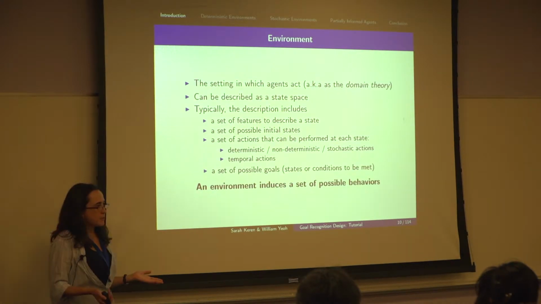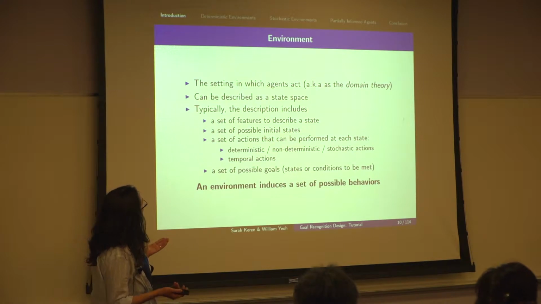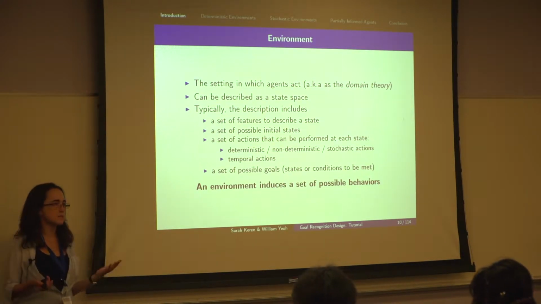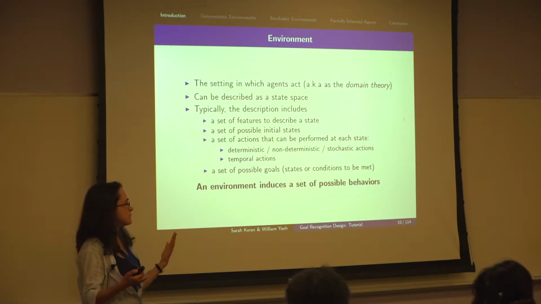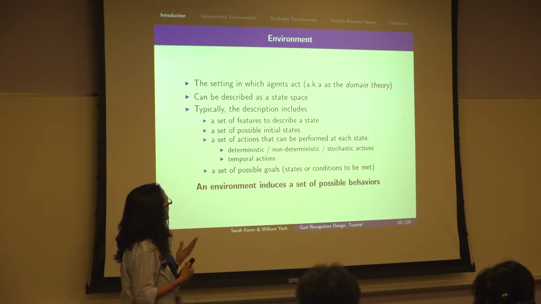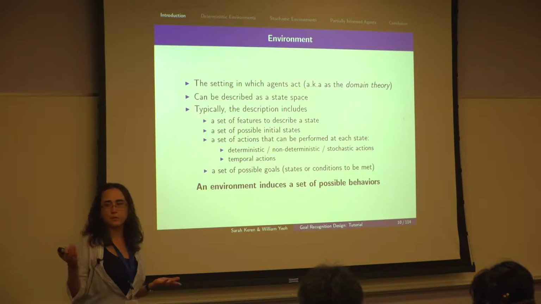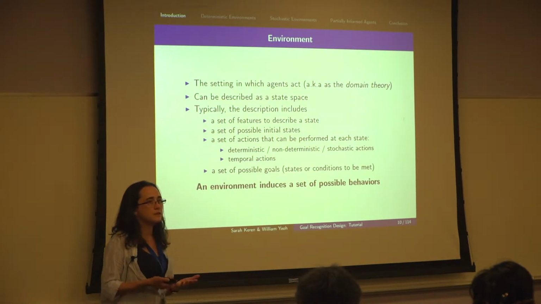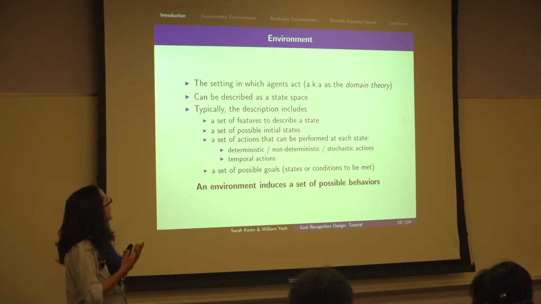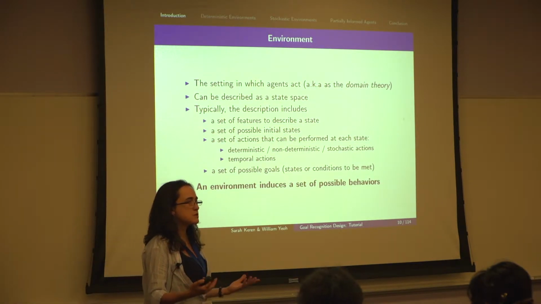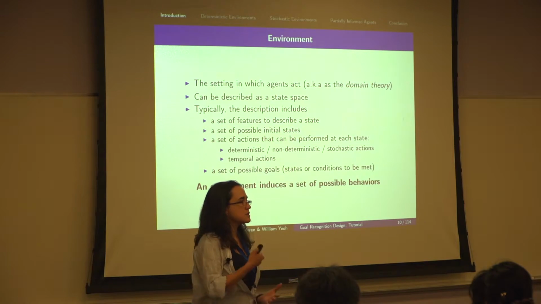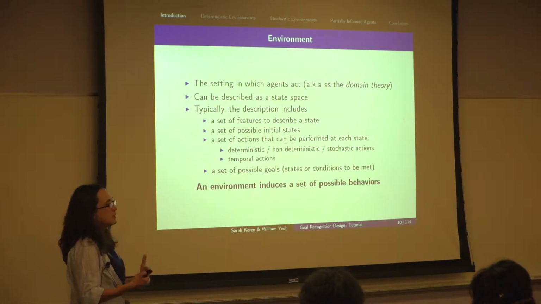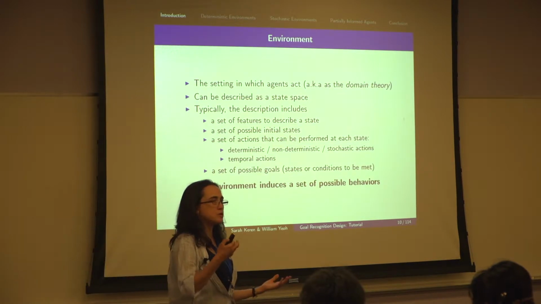So what is the environment? The environment, which is sometimes called the domain theory, is basically a state space. And we are using planning tools, so it's very easy for us to define the world using a set of features and a set of actions that change the world, with preconditions.